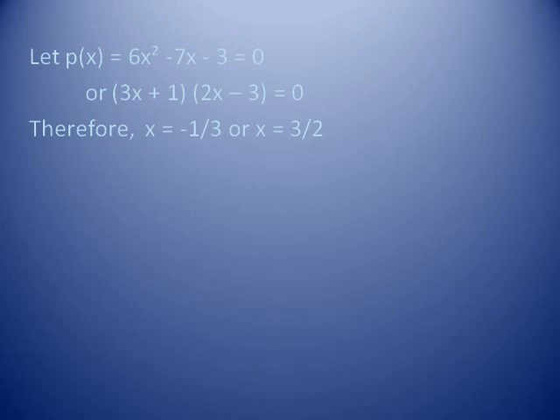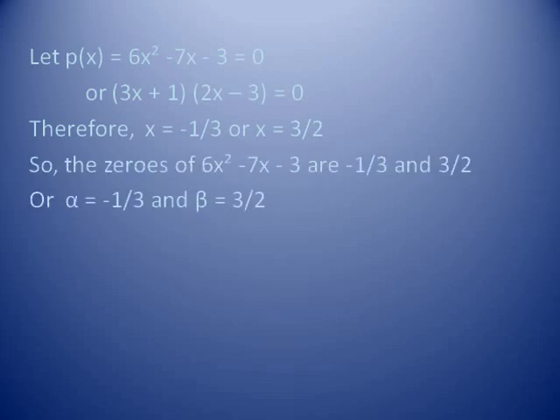Now let p(x) equals 6x square minus 7x minus 3 equals 0, or (3x plus 1)(2x minus 3) is equal to 0. Therefore x will be equal to minus 1 by 3 or x will be equal to 3 by 2.